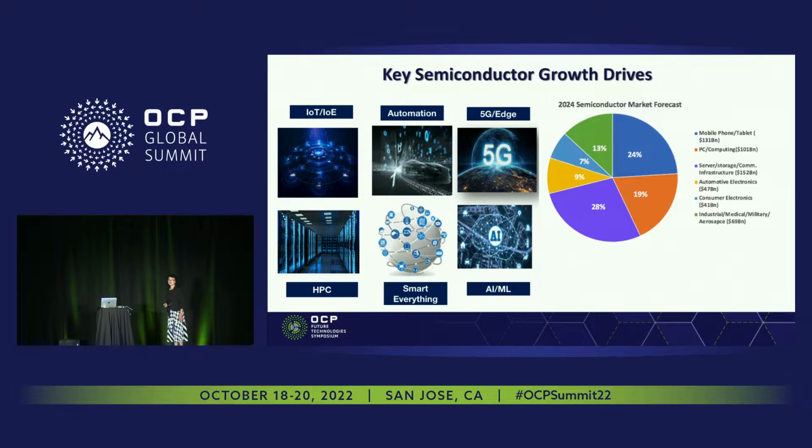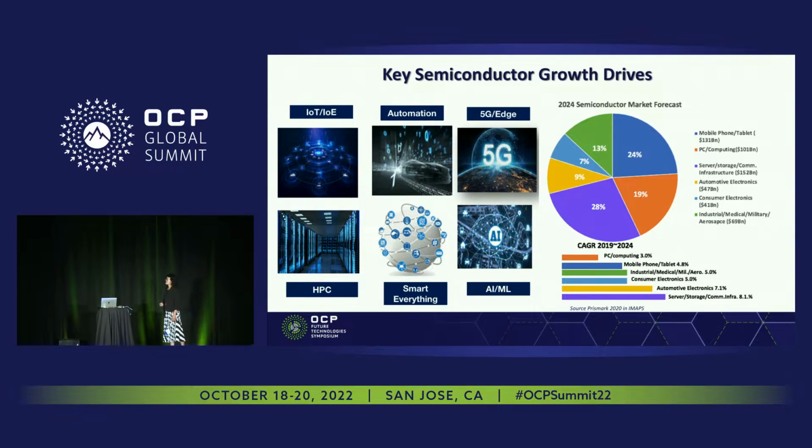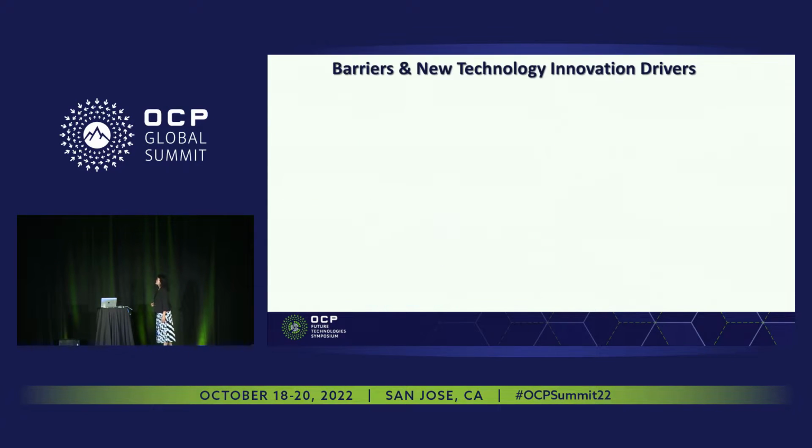Based on the Prismark analysis report, by 2024, PC, mobile, and also server storage infrastructure will still be the key dominators making semiconductor growth significant. Among these, server storage communication will become the fastest growth with a CAGR of about 8.1%, followed by automotive as the second fastest segment.